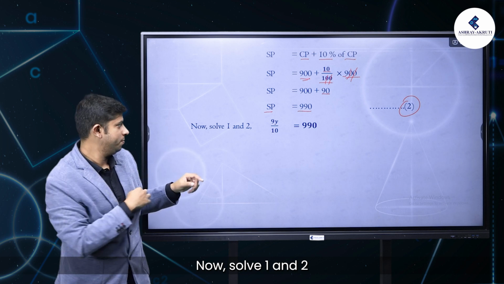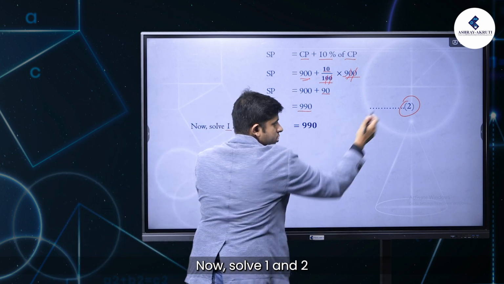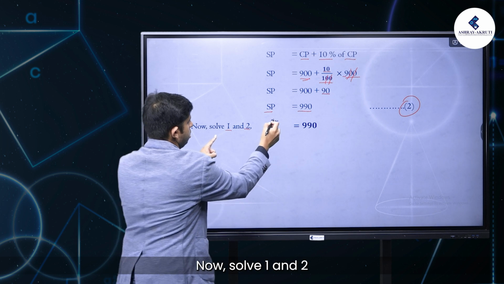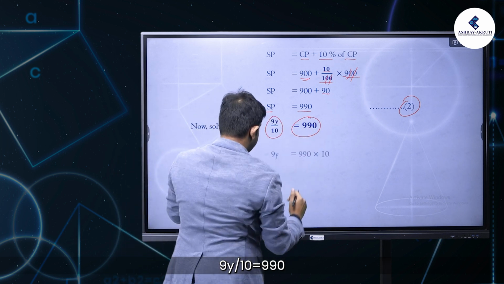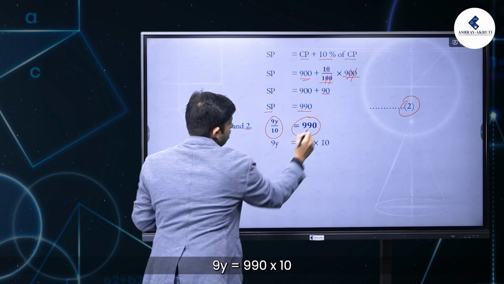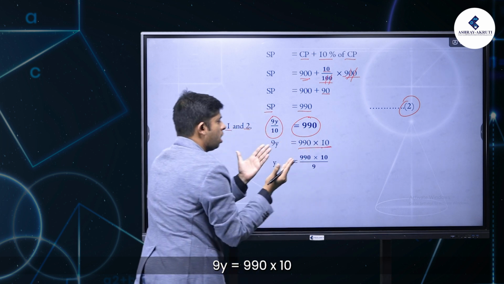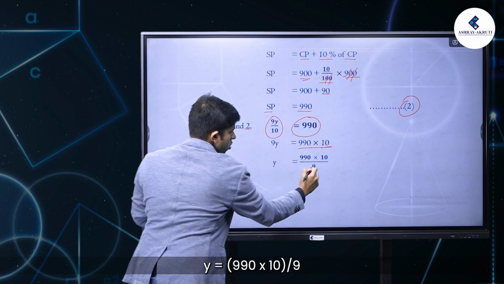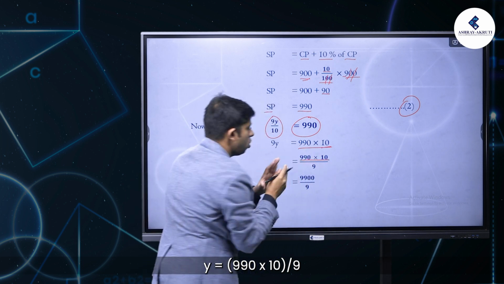Now solve 1 and 2. 9Y by 10 equals 990. 9Y equals 990 into 10. Y equals 990 into 10 by 9.